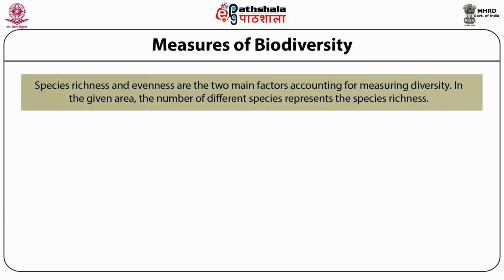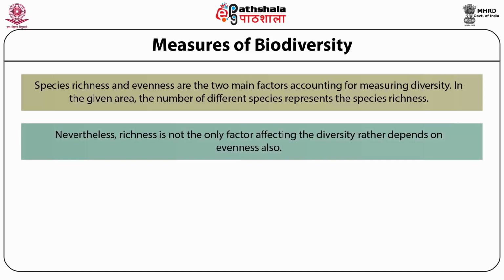Species richness and evenness are two main factors accounting for measuring diversity. In a given area, the number of different species represents the species richness. Nevertheless, richness is not the only factor affecting diversity; it also depends on evenness.